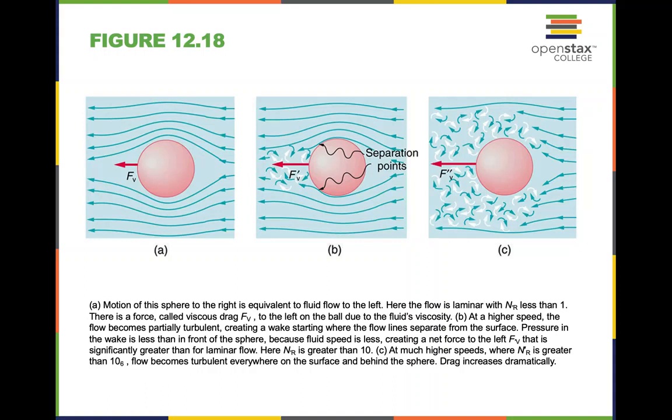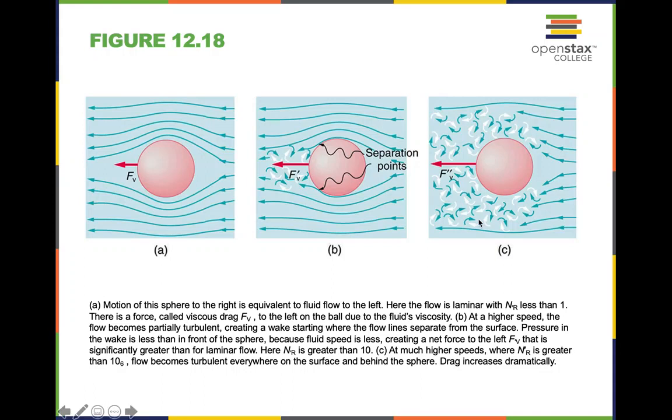For B, at a higher speed, the flow becomes more turbulent, creating a wake starting where the flow lines separate from the surface. Pressure in the wake is less than in front of the sphere because fluid speed is less, creating a net force to the left, FV, that is significantly greater than in laminar flow. Here NR is greater than 10.